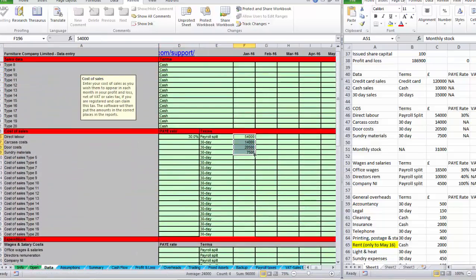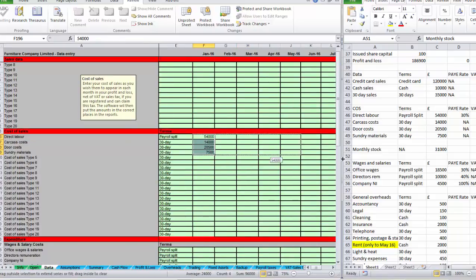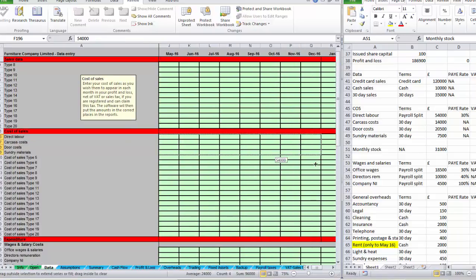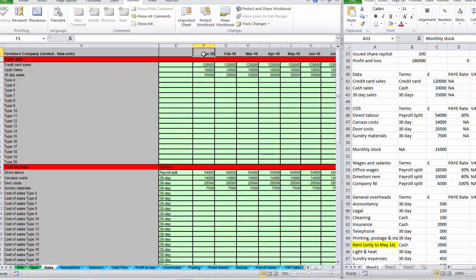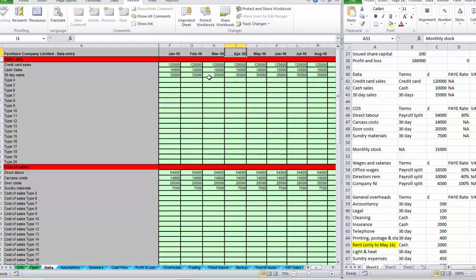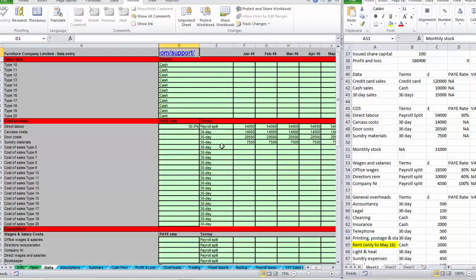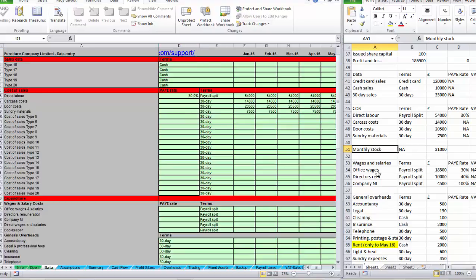Sorry, I didn't copy those ones across. Assume they all stay the same for the period. And again, I'm only forecasting for 12 months. Notice at the top here, it's got months. Based upon my putting in the 1st of January 2016, it'll automatically give you your headings here so you know where you are in the data sheet.